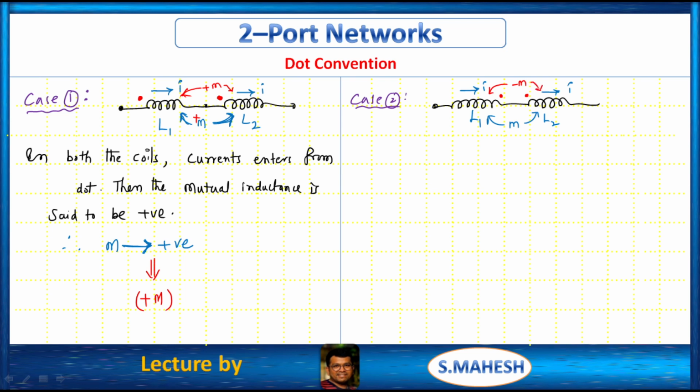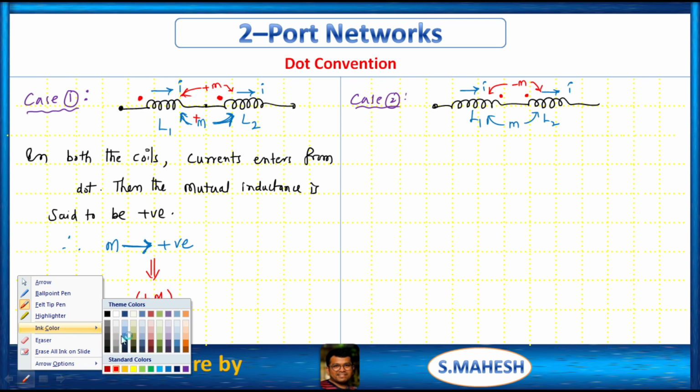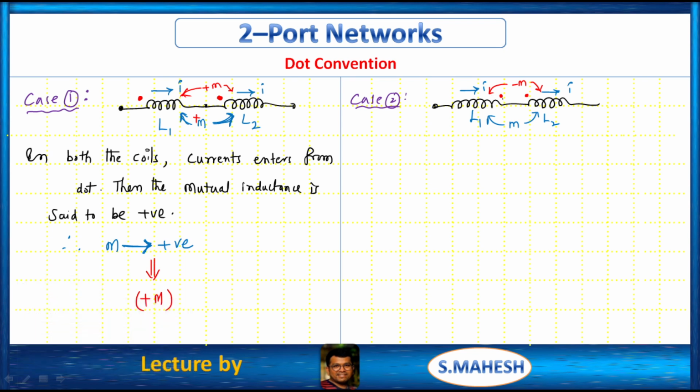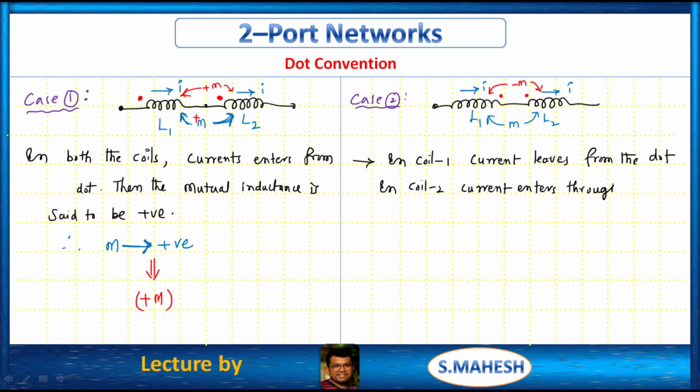Why minus M? See the current direction. In this case, in coil 1 the current leaves from the dot, and in coil 2 the current enters through the dot.